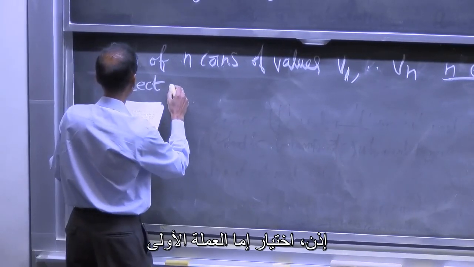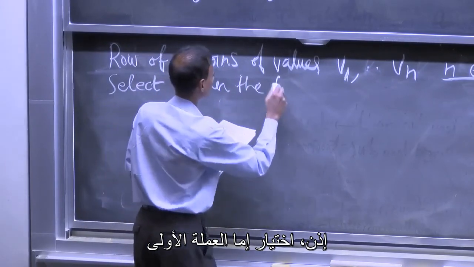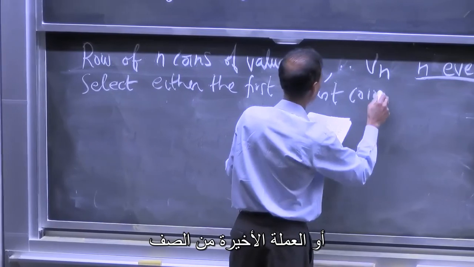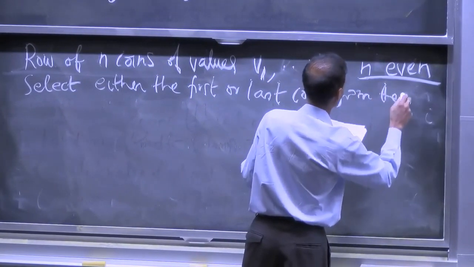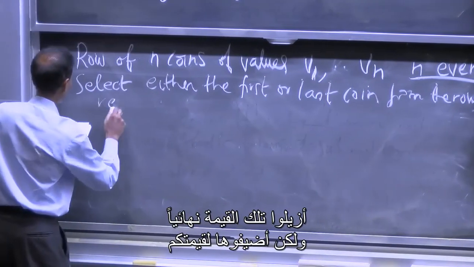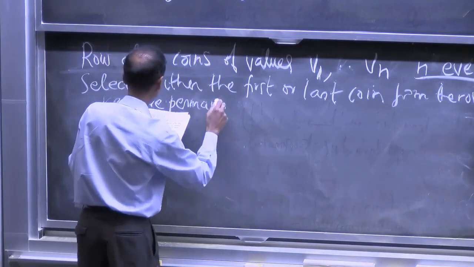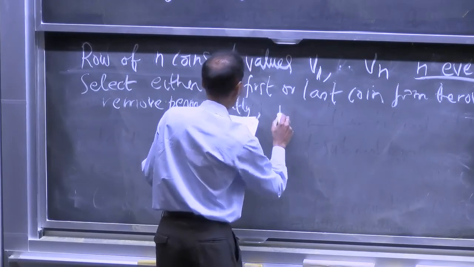So select either the first or last coin from the row, and then the opponent plays. Remove it permanently, but add it to your value, and receive the value.